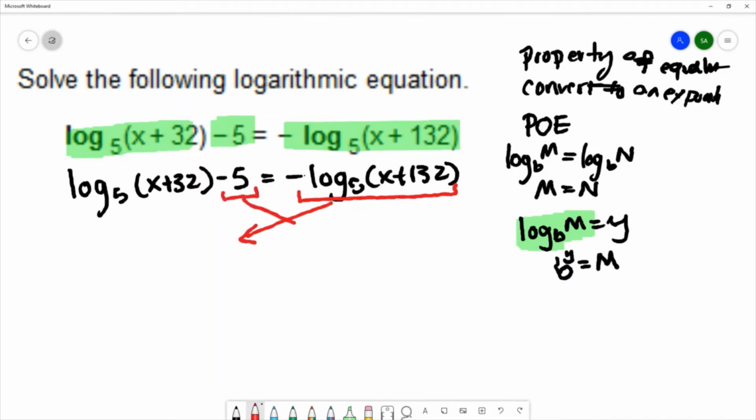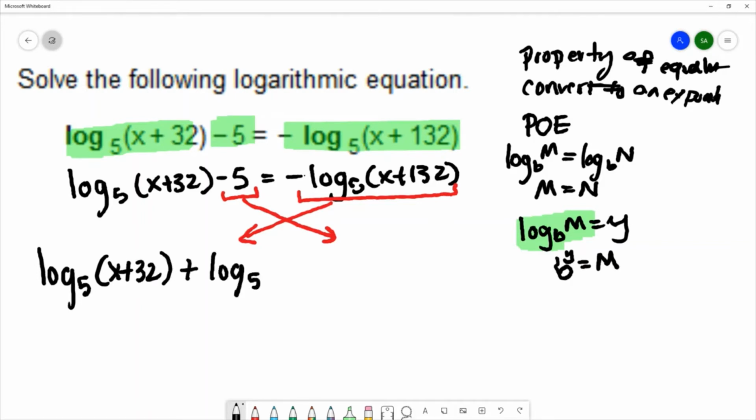And I can move this term to the right, getting all the terms that don't have log on the other side. So this would give me log base 5 of (x plus 32) plus log base 5 of (x plus 132) equals 5.